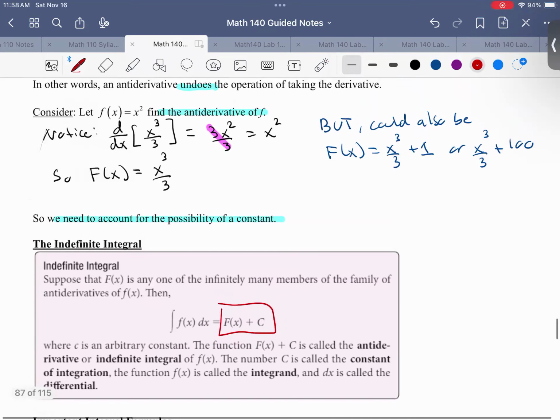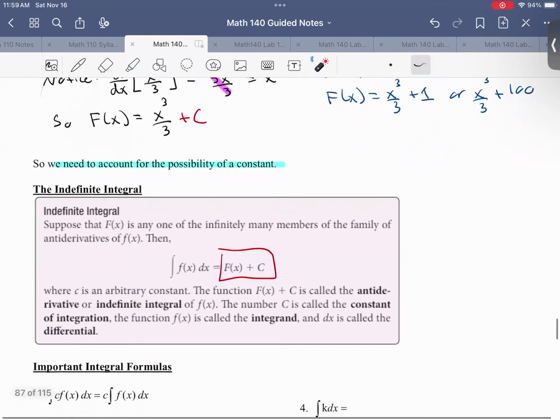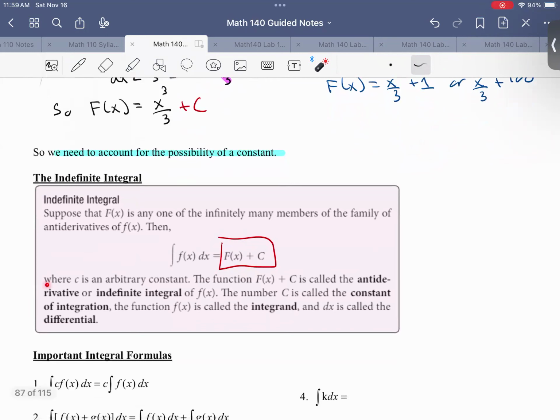Much like we did in the example above, we would need a constant here because it could be any one of these constants, 100 or 1, negative 1,000, etc. So we need to account for a constant. Let's keep reading. So c is an arbitrary constant. The function capital F of x plus c is called the antiderivative or indefinite integral of f of x. The number c is called the constant of integration. The function f of x is called the integrand, and dx is called the differential.